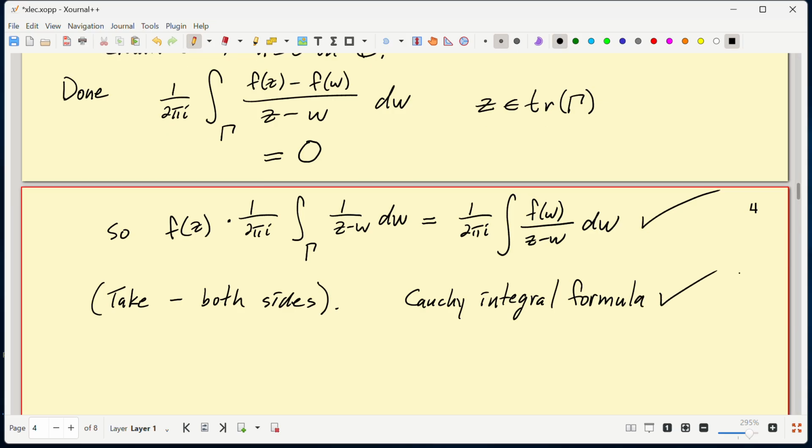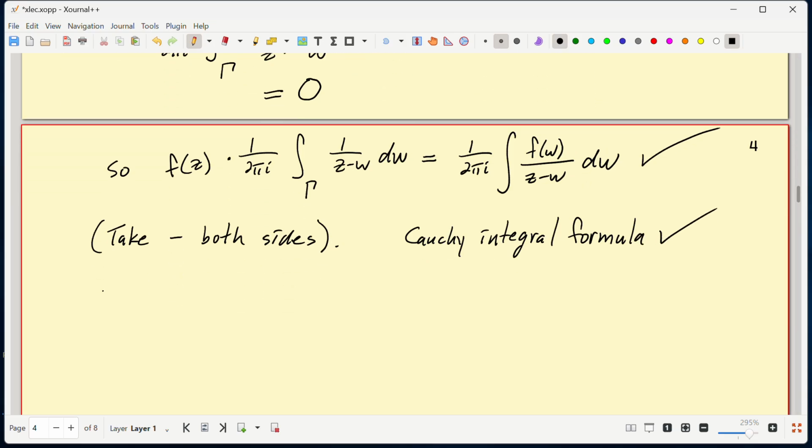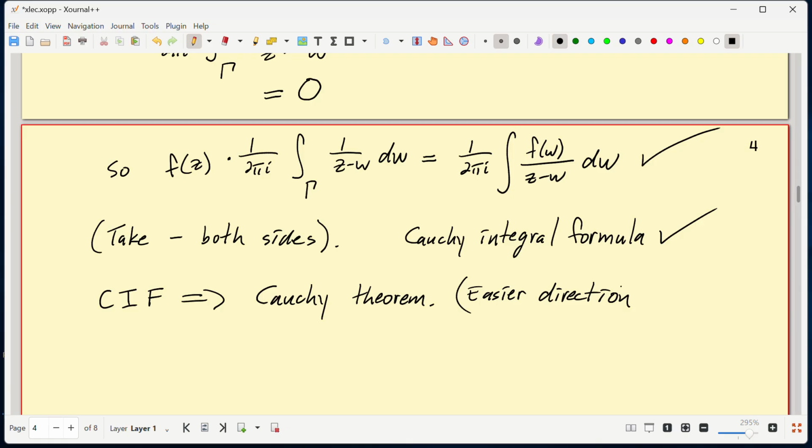But it turns out to be even easier to show that the Cauchy integral formula implies Cauchy theorem. And that's the easier direction. And let's see how would you do that?